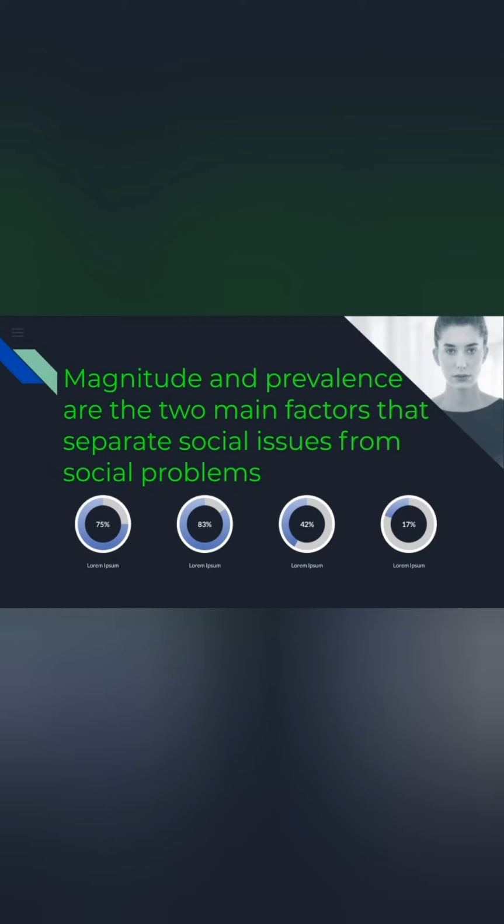Now, when it starts to affect the entire society, that is when it becomes a social problem. So social problems basically start out as social issues. Or another way to say that is social issues lead to social problems. So as I said before, magnitude and prevalence are the two main factors that separate these two concepts. For example, teenage pregnancy is a social problem in Jamaica.